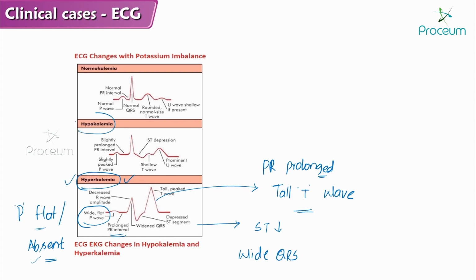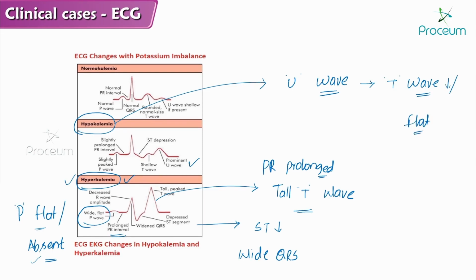These are the ECG changes in hyperkalemia. But in hypokalemia, please remember the earliest ECG change will be the appearance of the U wave, a prominent U wave. Subsequently, the T wave is inverted or flat.